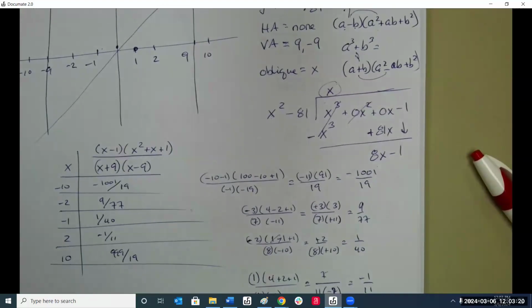Huh. So then we have the y-intercept at 1/81.